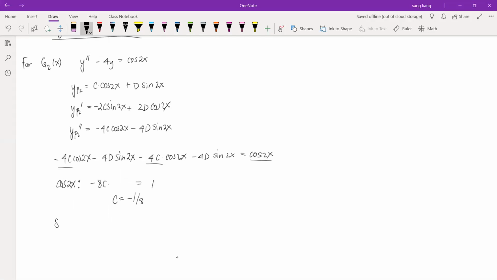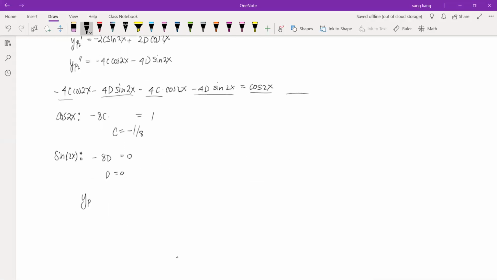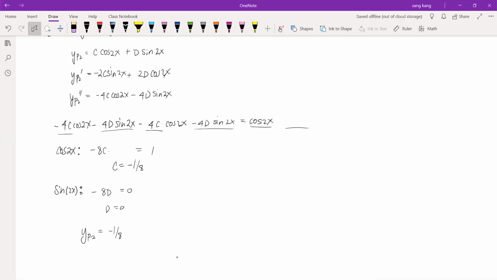Now I can gather sine 2x terms, which we have minus 4d, and 0. So minus 8d equals 0, d equals 0. So my y particular for 2 is going to be minus 1/8 cosine 2x, and nothing for the sine term.